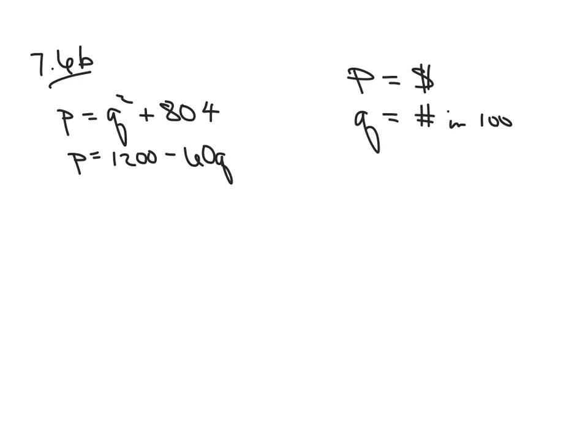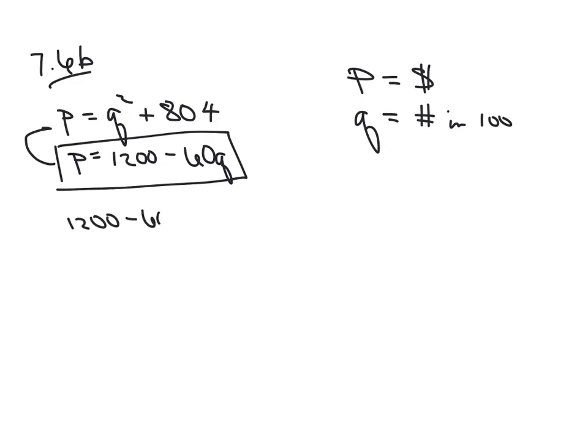And for the most part, all we're going to do is take this equation, and whenever we see a P, we're going to put 1200 minus 60Q in its place. And then we're going to set it equal to 0.